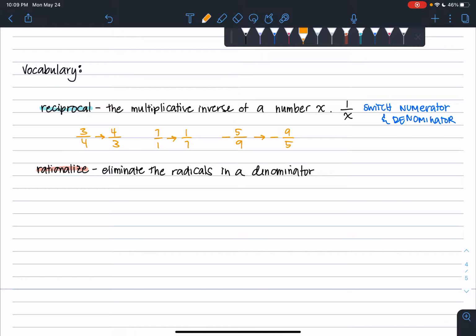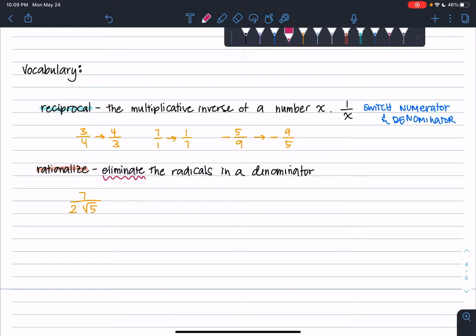Let's say we have 7 over 2 times root 5. So what is wrong with this? We see that there's a radical or a square root in our denominator. So when we rationalize, we want to eliminate it.